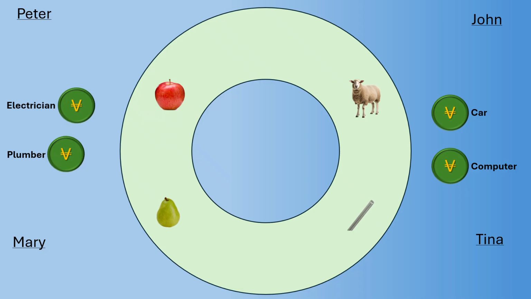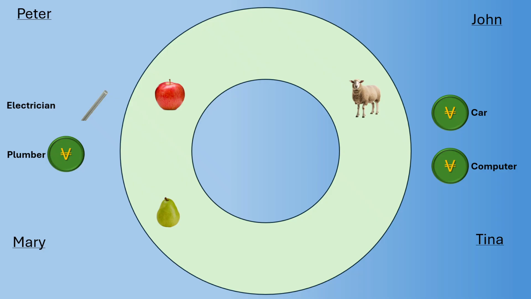You have to keep in mind that the primary products, the apples, the pears, the metal bar, and the sheep, are all held in the system for the same exact value, the same exact amount of currency that was disbursed to the primary producers. So what happens next? If the electrician wants to buy a metal bar, he'll buy it from the system, but the system does not need that currency because it has already served its purpose, so it eliminates it from the system.